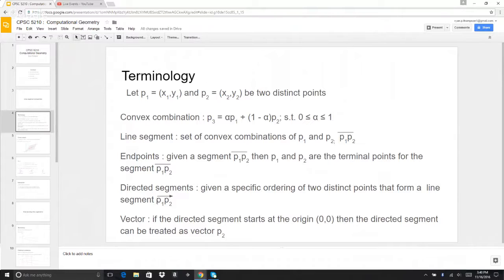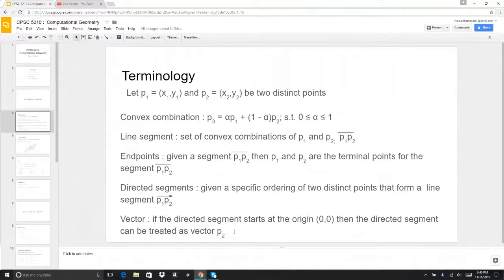So the directed line segment P1, P2 also indicates which comes first and which comes second. A vector: if the directed line segment starts at the origin, 0, 0 generally, then the directed segment can be treated as a vector P2.